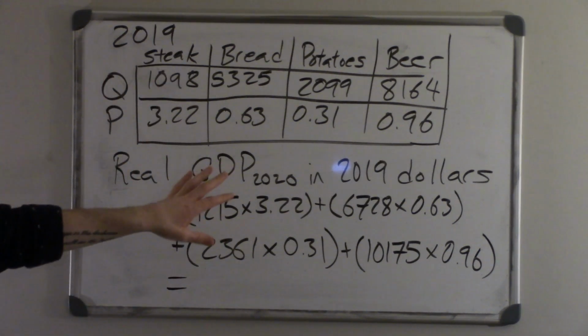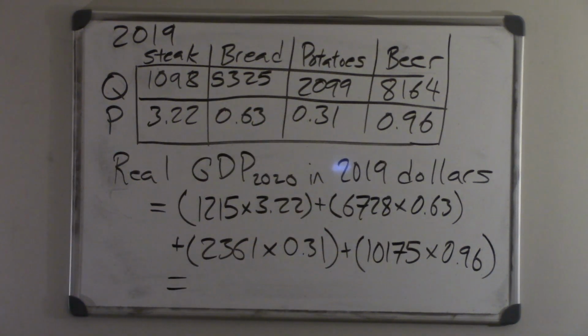The hardest part is just remembering to grab the right things, right? The calculation is really no more complicated than doing it for just the nominal GDP.